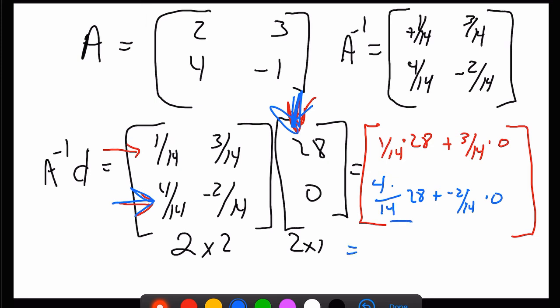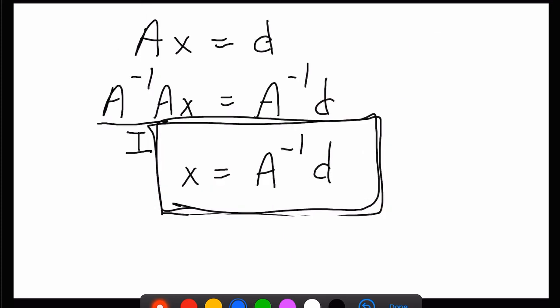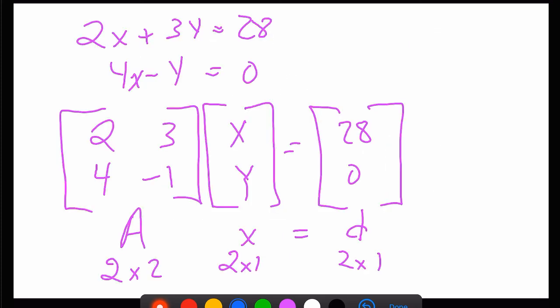Okay? Which is, that's 2, and that's 8. So the solution to these equations is 2, 8.